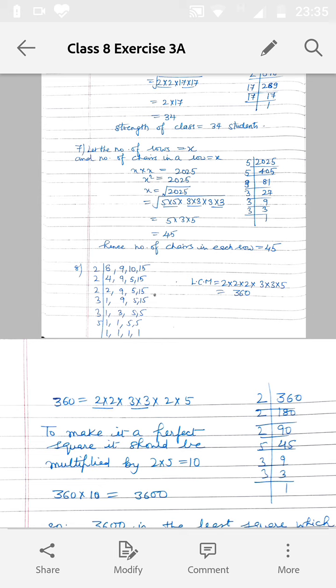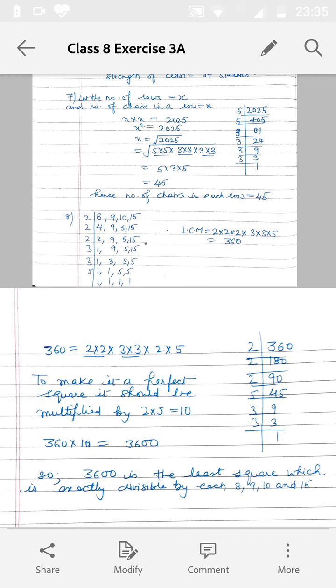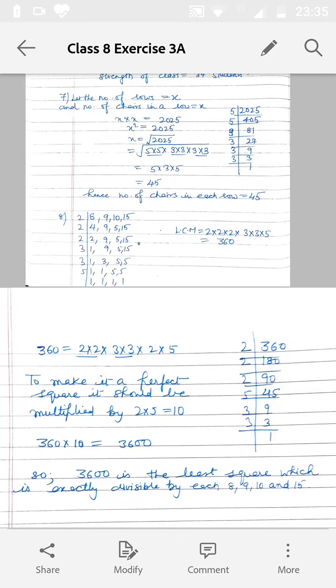But 360 itself is not a perfect square, and we have to find the least square number. So I found that 360's prime factorization is 2 into 2 into 3 into 3 into 2 into 5, where 2 into 5 remains unpaired, and 2 fives are 10. So 10 should be multiplied into 360. So the answer is 3600. So 3600 is the least square which is exactly divisible by each of the numbers 8, 9, 10 and 15.